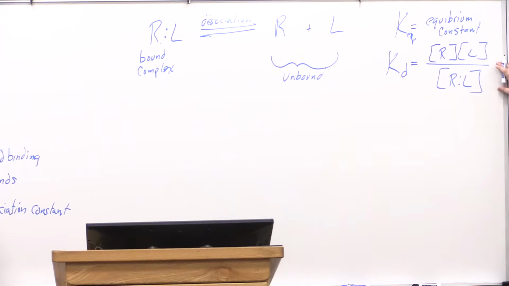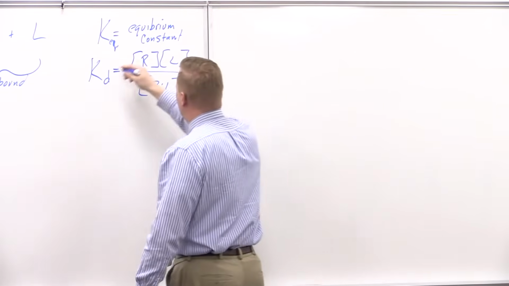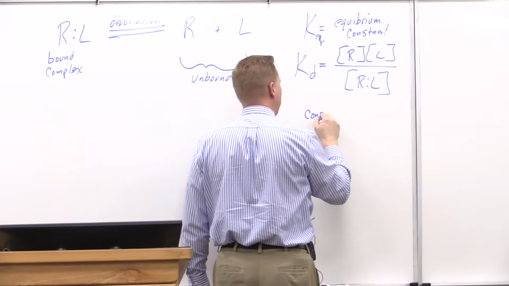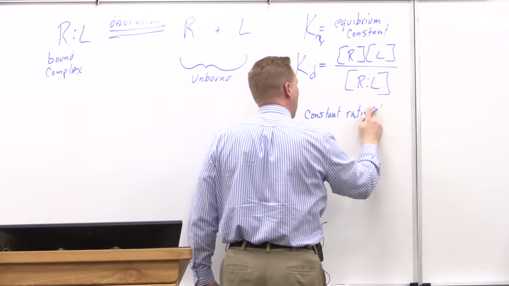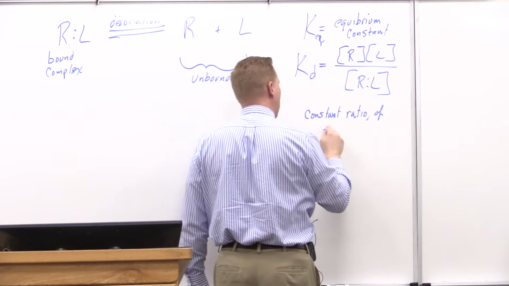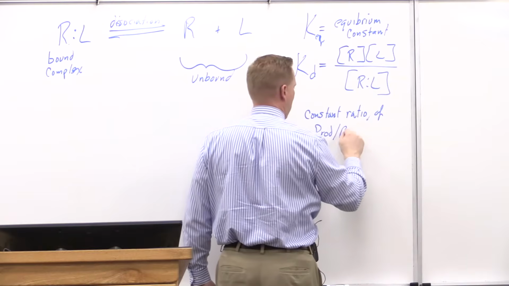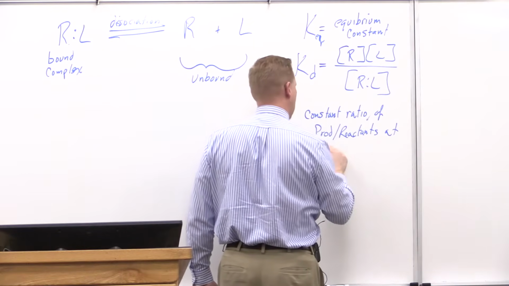And that would be the KD. To remind us a little bit about equilibriums, this KD gives us the constant ratio of products and reactants at equilibrium.